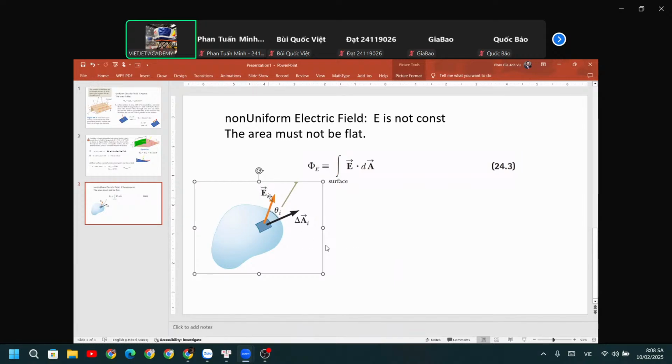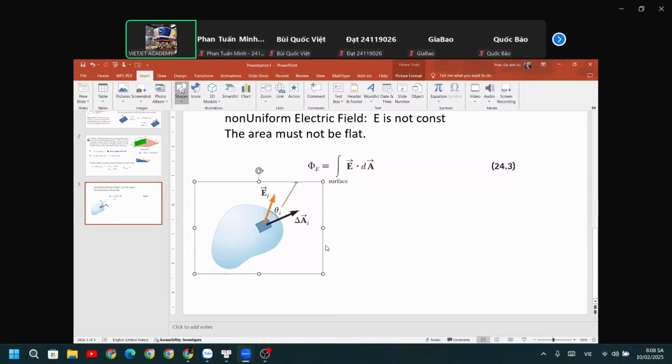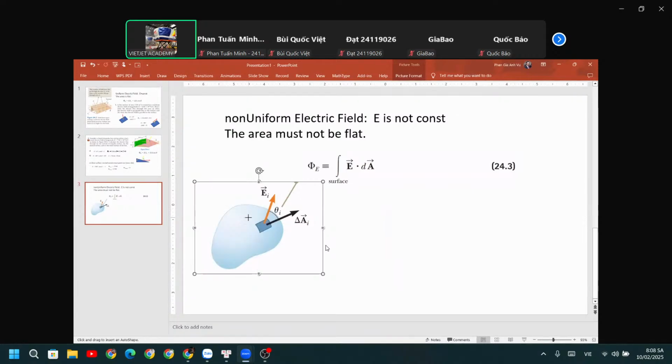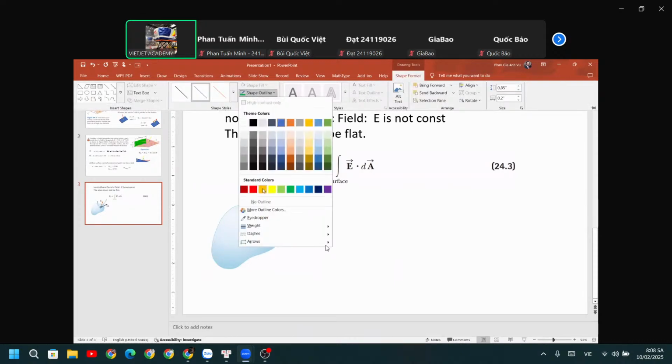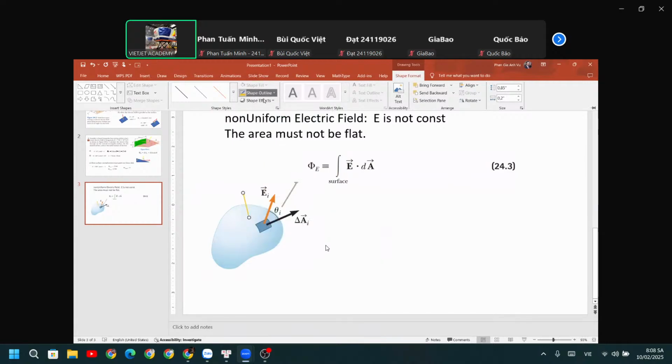And E_i is the electric field at this point. At another point, it can be different. For example, here, if I draw the E vector at this position, it may be this. Right, so you can see that the electric field isn't uniform, or we have the non-uniform electric field.